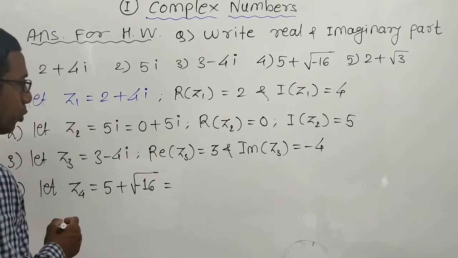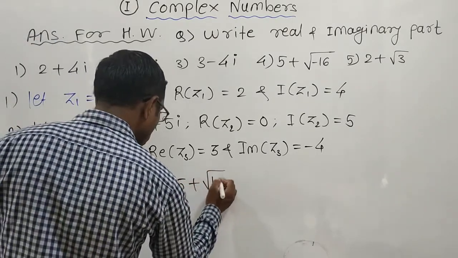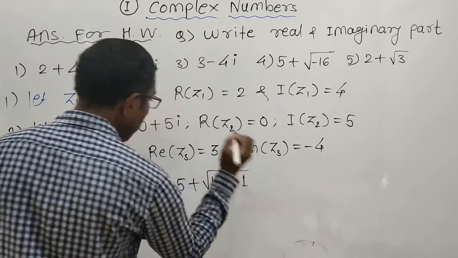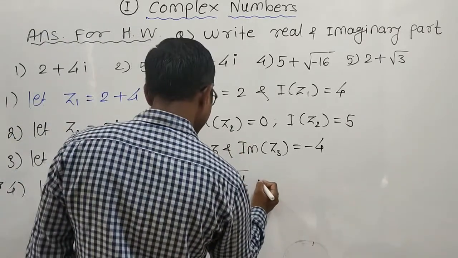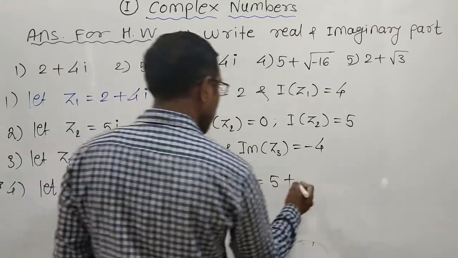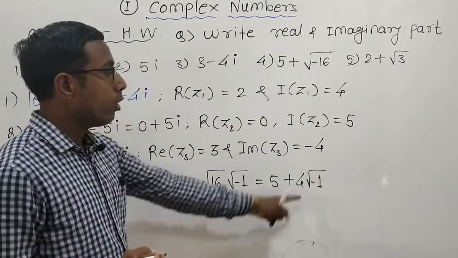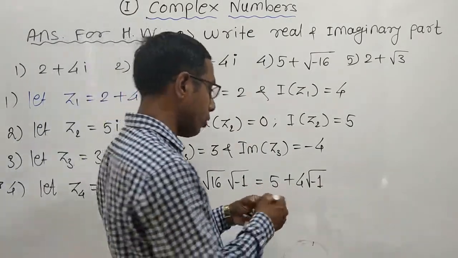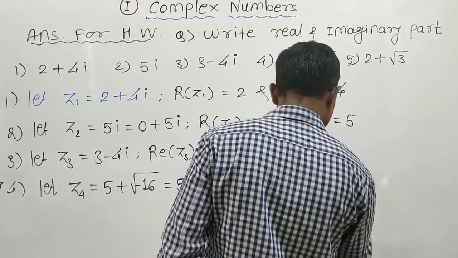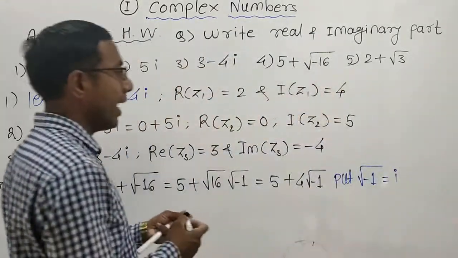So the square root of minus 16 can be written as root 16 times square root of minus 1. Now it is 5 plus root 16, which is 4, and then square root of minus 1. Now put square root of minus 1 equal to i.